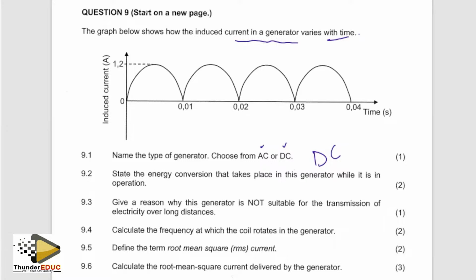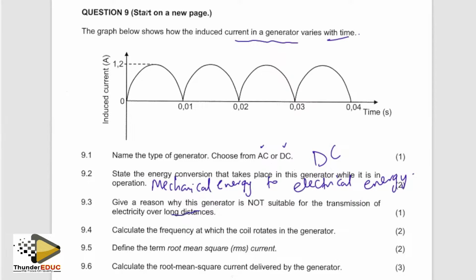Regardless of whether it's a DC or an AC, a generator will always convert mechanical energy to electrical energy. So it's mechanical to electrical. Then can we give a reason why this generator is not suitable for transmission of electricity over long distances?